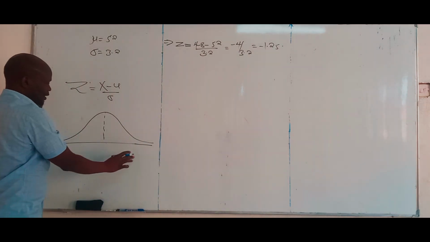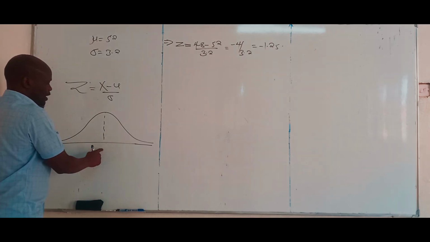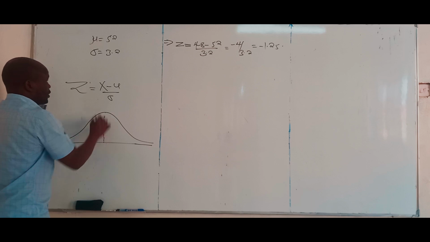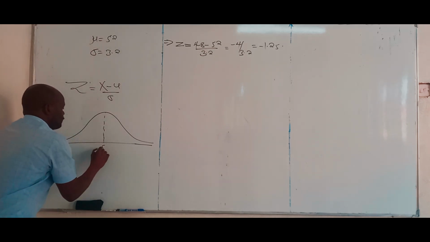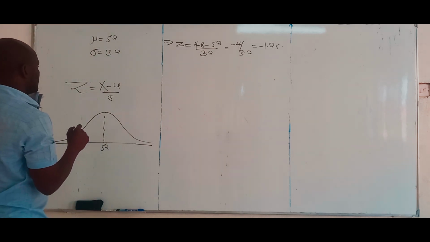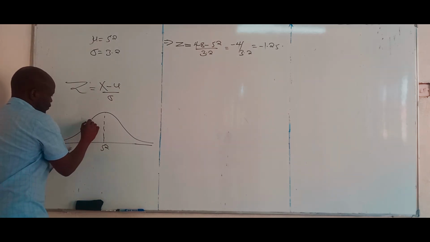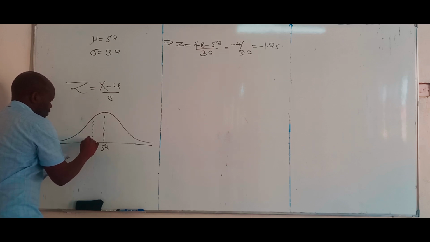I'm not doing a standardized one. A standardized one should have had a 0 mean here, but because I'm still using my data, my mean will be 52. And 48 should be at this end, so let me put an imaginary point to give space.